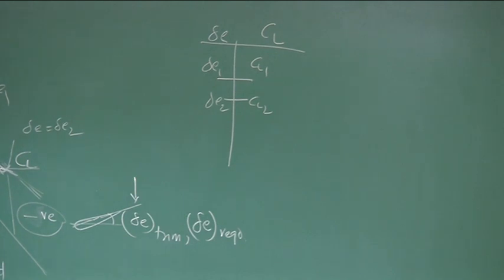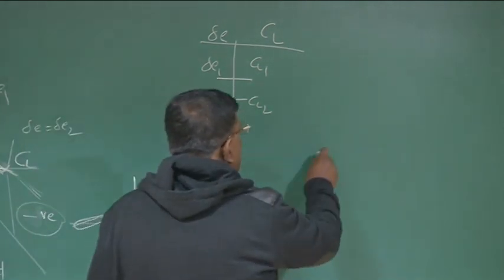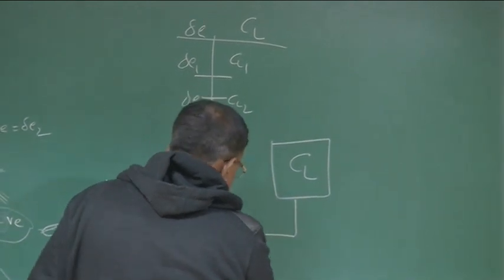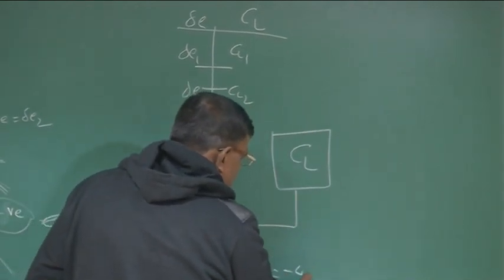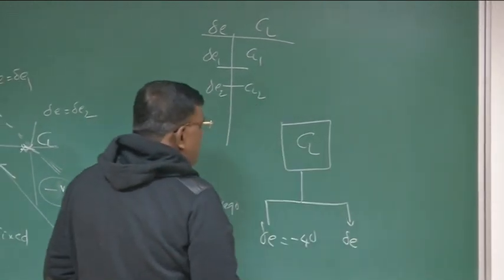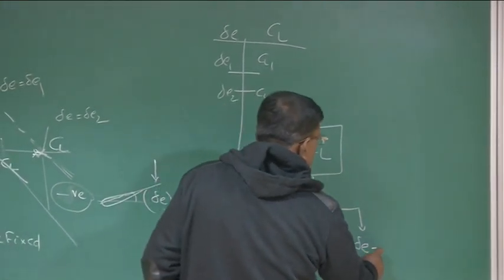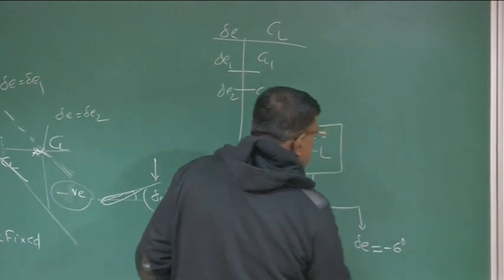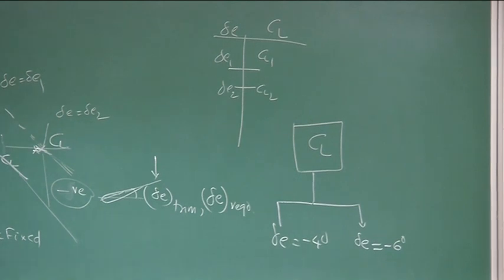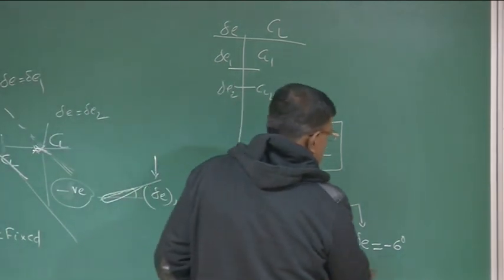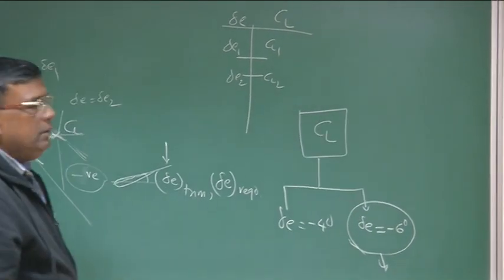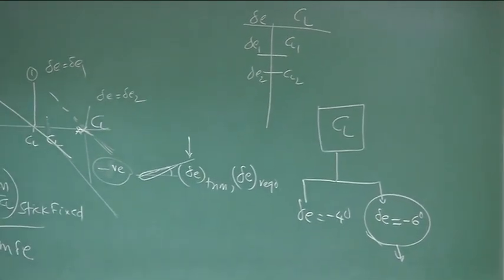For example, for the same Cl, if one aircraft requires delta E equal to minus 4 degrees, another aircraft for the same condition requires delta E equal to minus 6 degrees. And the pilot understands that aircraft number 2 is statically more stable because it requires larger control effort.